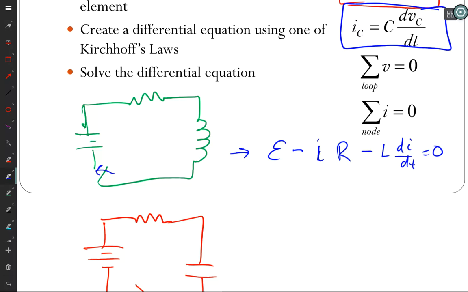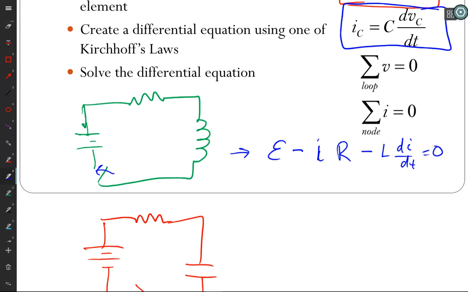And so what would I do with an equation like that? This is a differential equation, right? A differential equation because we have a derivative in it, and I'd want to solve for I. So the first thing I have to do is separate variables.